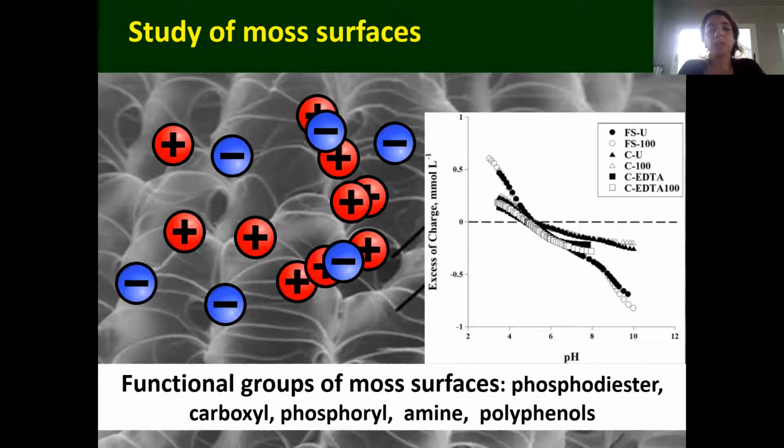For example, carboxyl, polyphenols that are important for catching ions from solutions, important also for retention of particles or other contaminants in the environment.